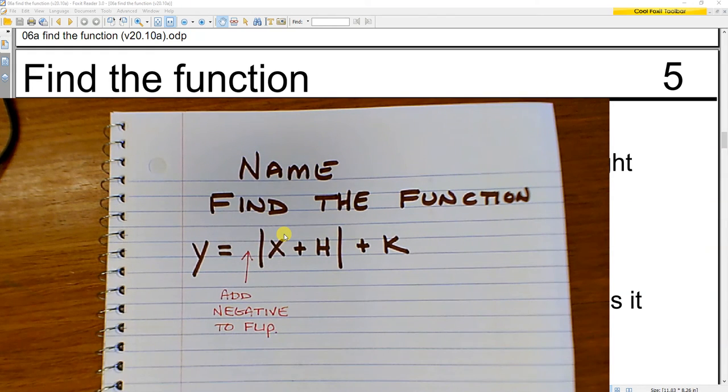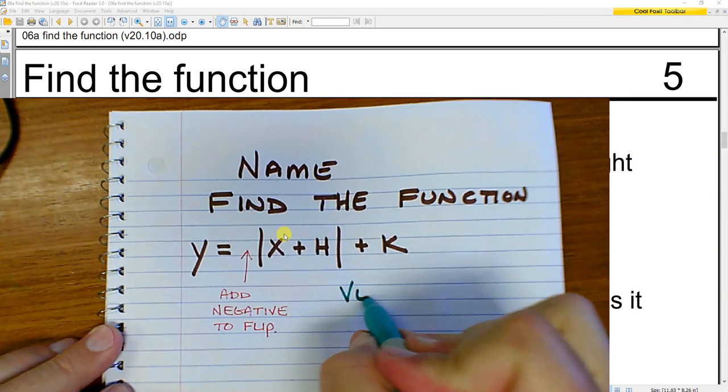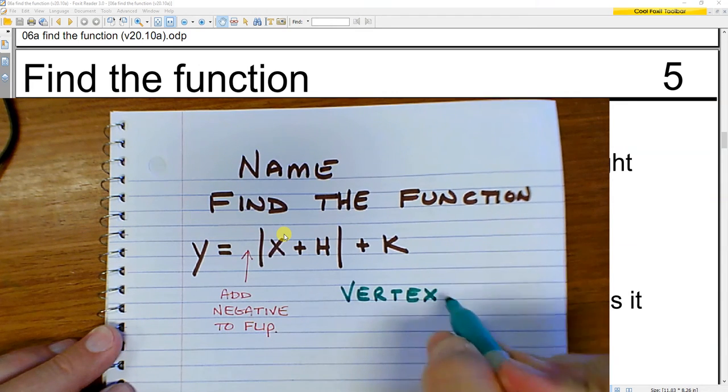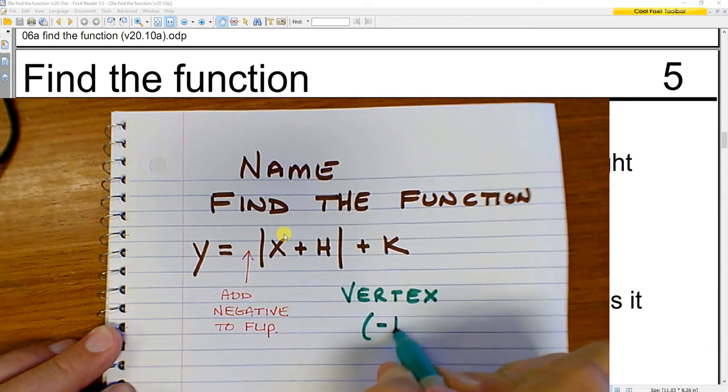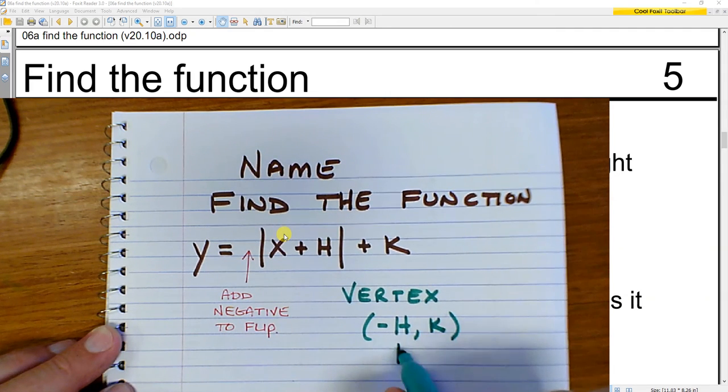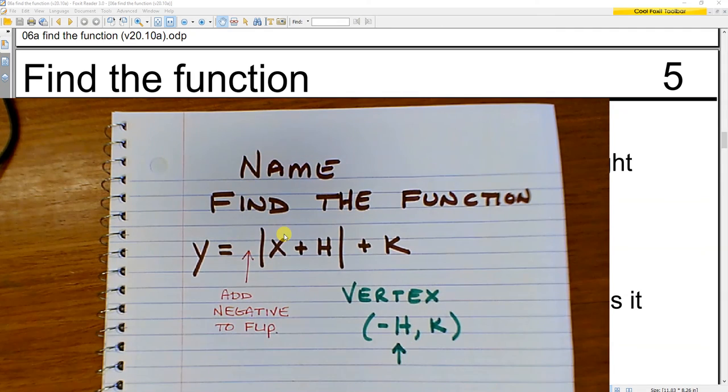I would add a negative to flip, and I know that in this case, the vertex is at negative h comma k. Remember, the h seems backwards.